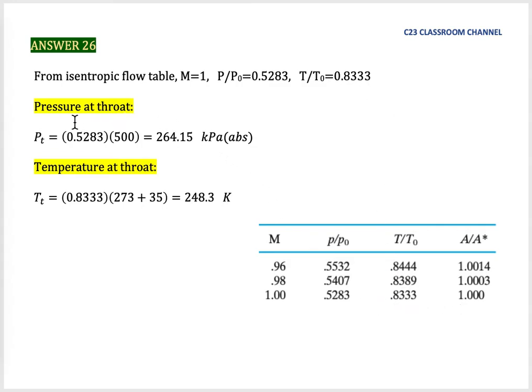This means that we could calculate the pressure at the throat as this one, because we already know the stagnation pressure P naught and T naught, which are equal to the pressure and temperature at the reservoir. From this calculation, we get that the pressure at the throat is equal to 264.15 kilopascal absolute and the temperature at the throat is 248.3 Kelvin.